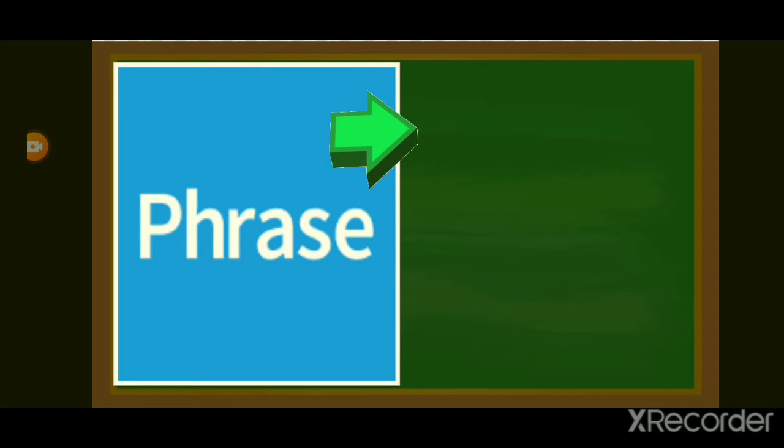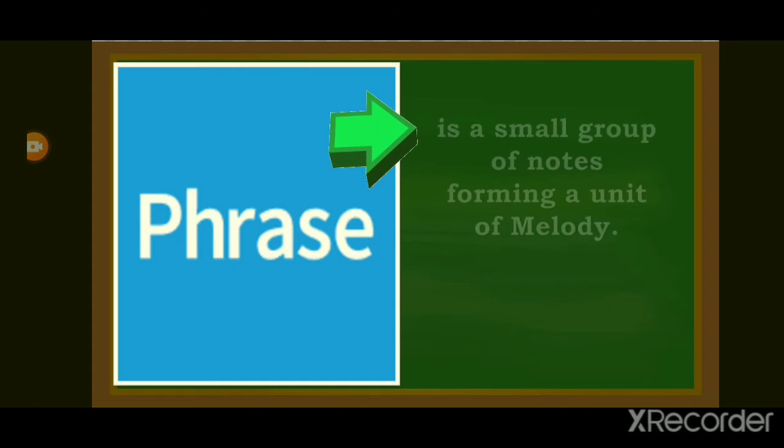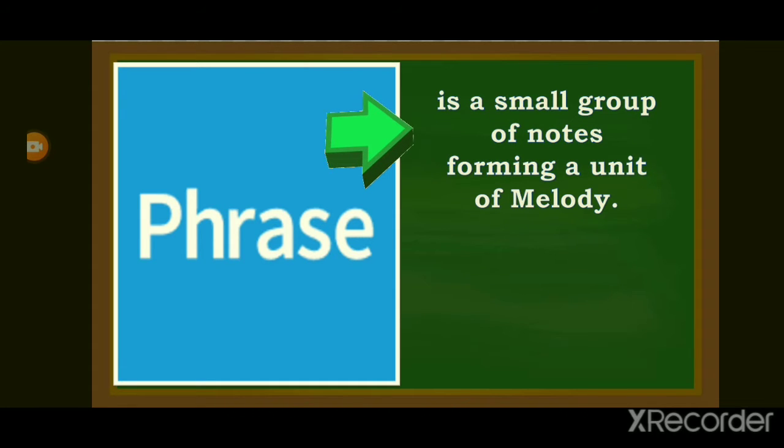So what is a phrase all about? It is a small group of notes forming a unit of melody. According to John Thompson, music is a language that can express thoughts and even tell stories.